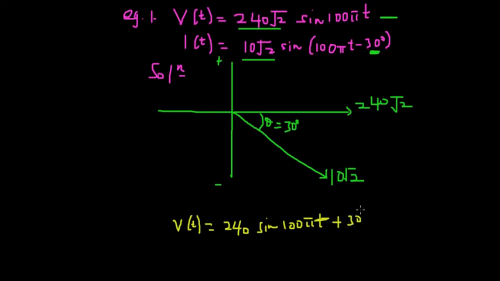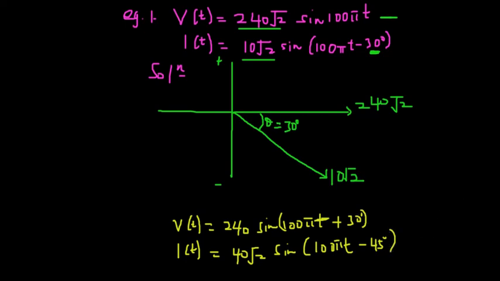Let's put it in this format. And then we have a certain current, let's say 40 root 2 sine 100t minus, let's say 45 degrees. This is just an example to broaden your scope.